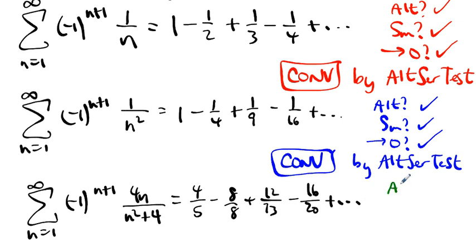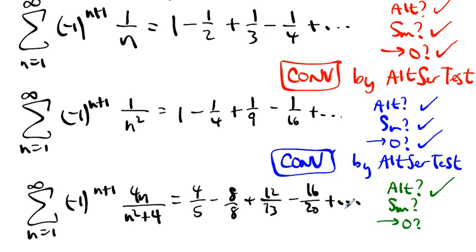And the question is, do the terms alternate? Do they get smaller? Do they get closer to 0? Think for a moment. Okay, do the terms alternate? You betcha, because this will always be positive and this guarantees the alternation.